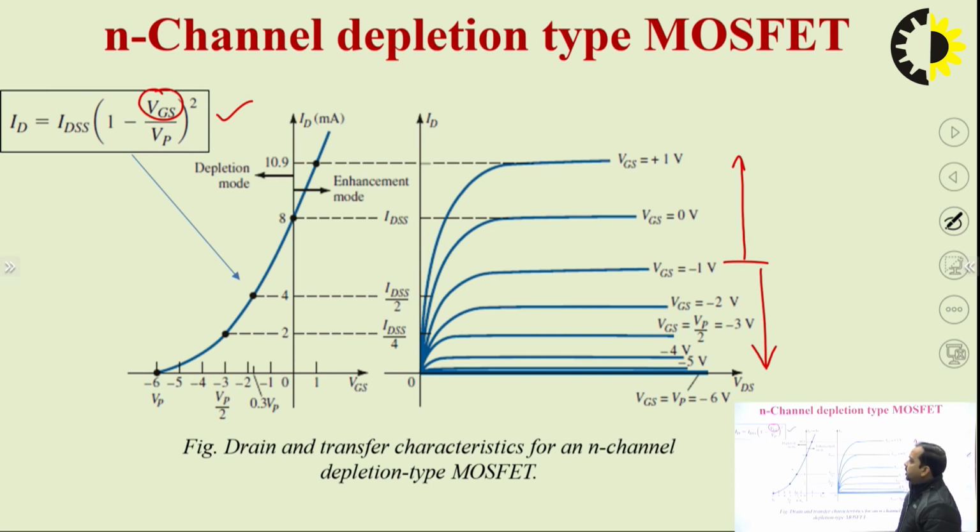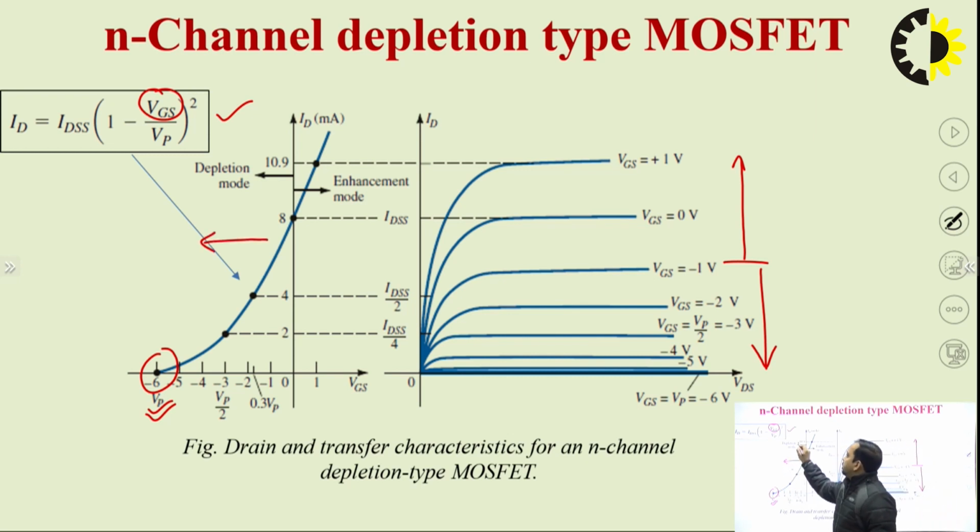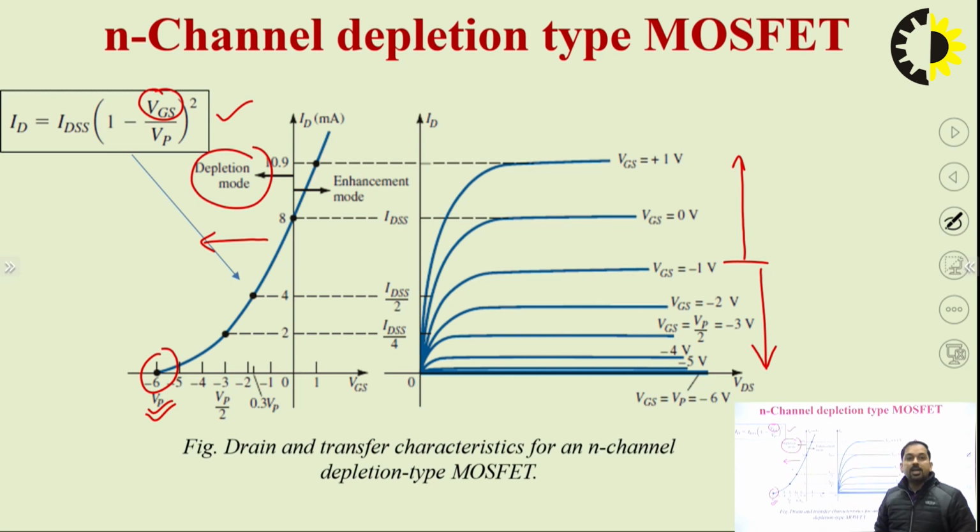So we can clearly see that when VGS is equal to VP, the current ID will be equal to 0, because we are aware that the channel basically disappears. We are talking about N channel, which means for N channel the pinch off voltage is negative. So in this particular region, the N channel depletion type MOSFET is working under the depletion mode.